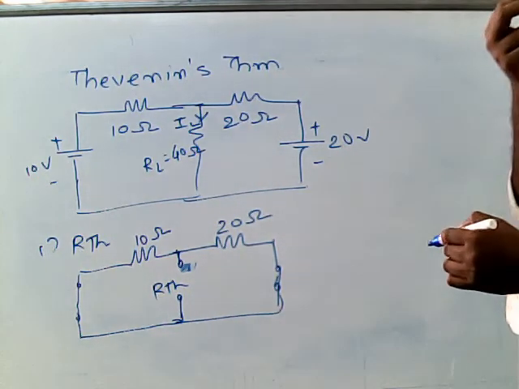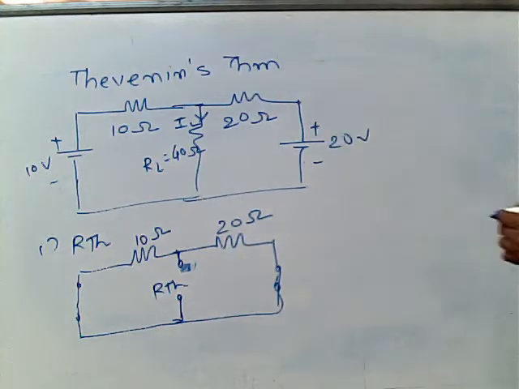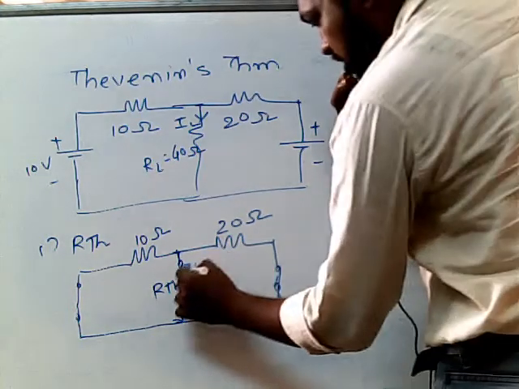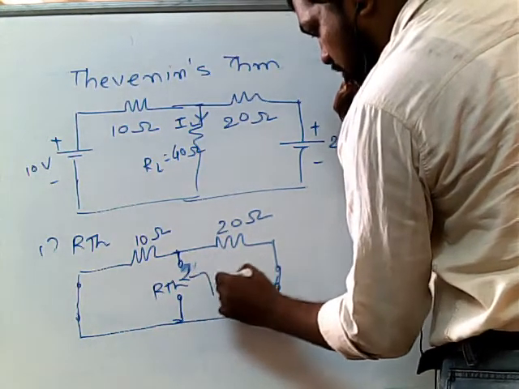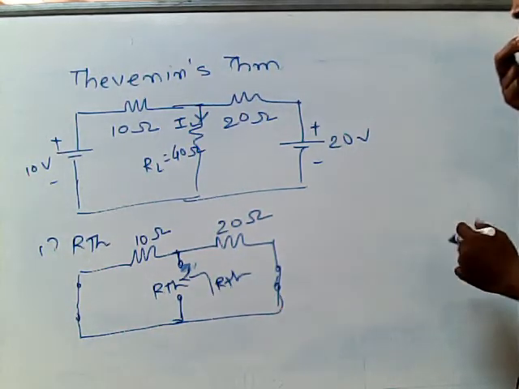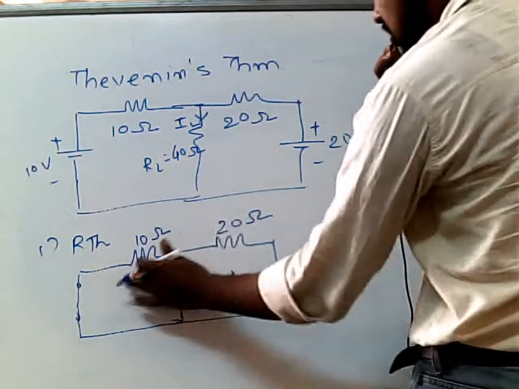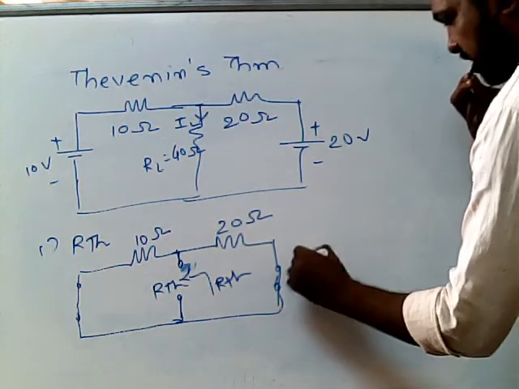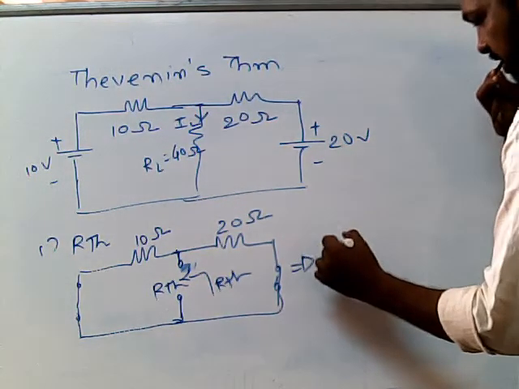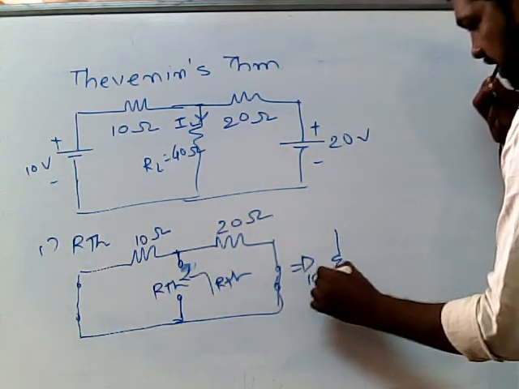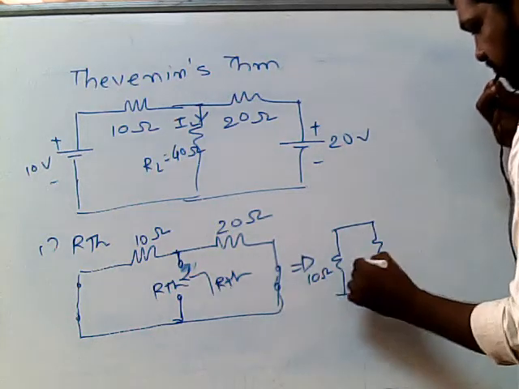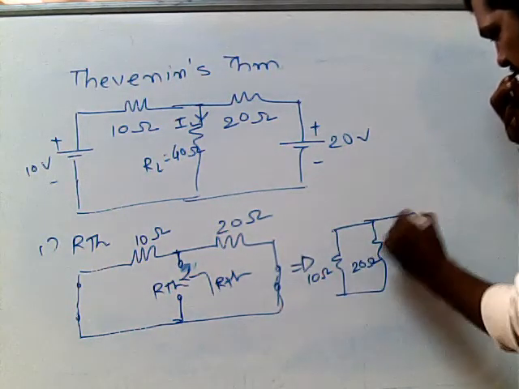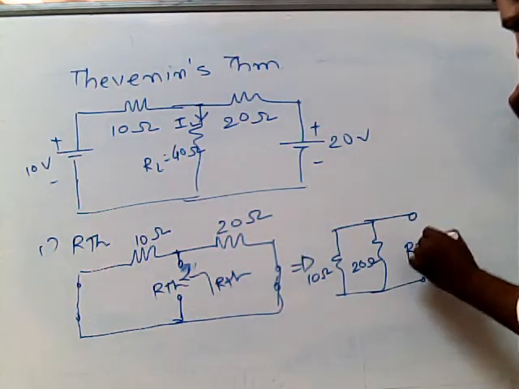Now to find the RTH, looking into this window, we can say that these two resistances are in parallel with each other. Or simply this circuit can be redrawn like this: say this is the 10 ohm resistance, this is the 20 ohm resistance, and this is nothing but the RTH.